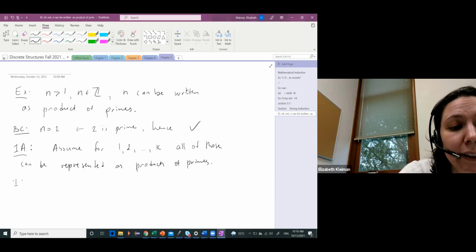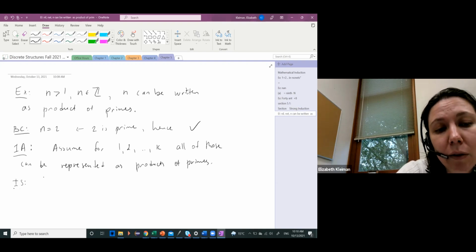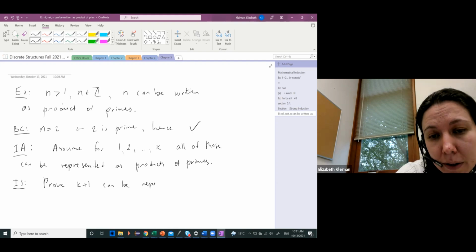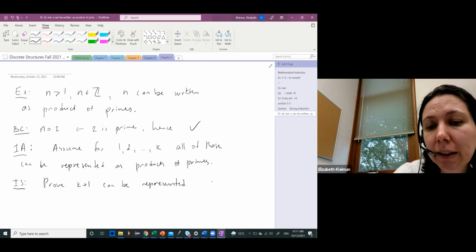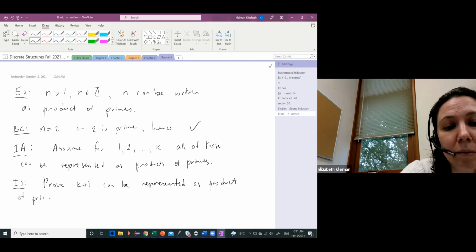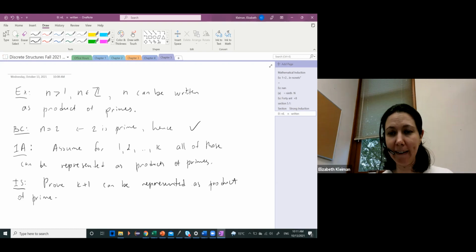Now, inductive step: prove k plus 1 can be represented as a product of primes.